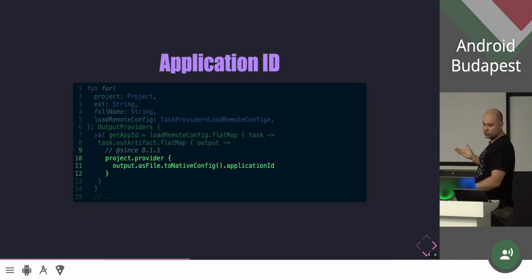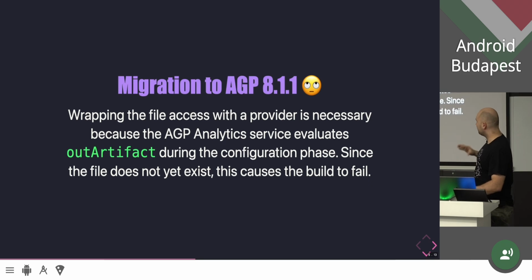Pretty common job when you're working with any API. But since Android Gradle 1.1, we had a problem of, even though it's promised to be executed at execution time, it was evaluated at the configuration time and breaking the build. And this is what was done by the Android Gradle Plugin Analytics internal plugin.